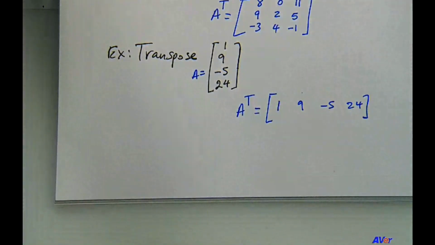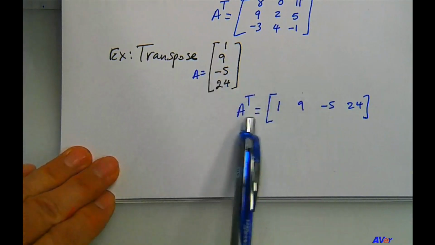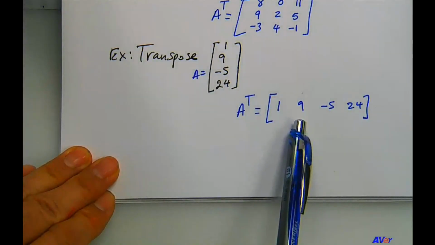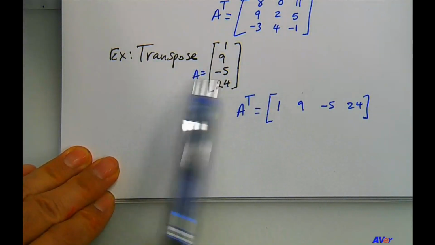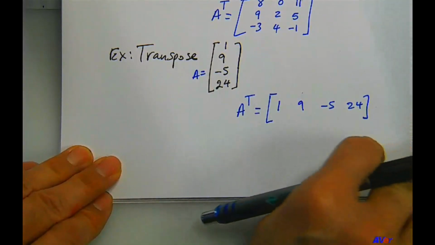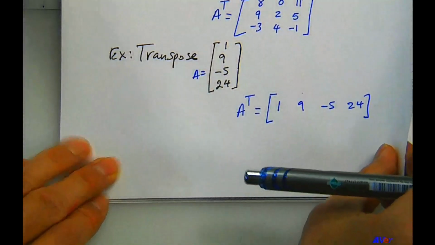Okay, the opposite of this is true. So if you were given this as the original matrix, you would take the transpose by going this way. So you would rewrite this in this form. Okay, so that's basically the transpose of a matrix. So now let's ask an overall question.